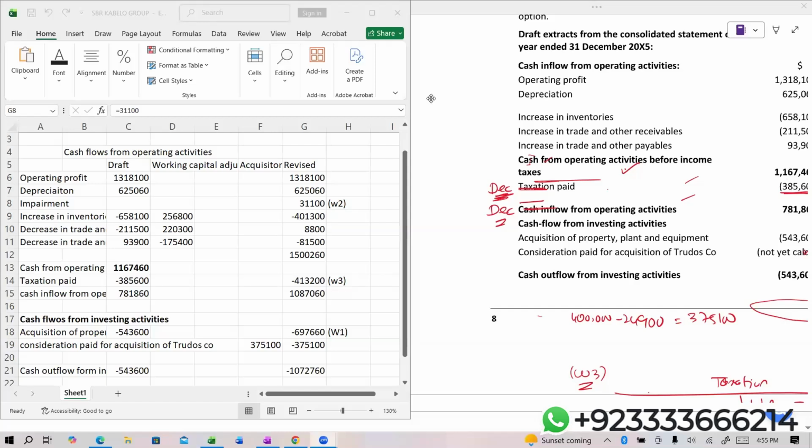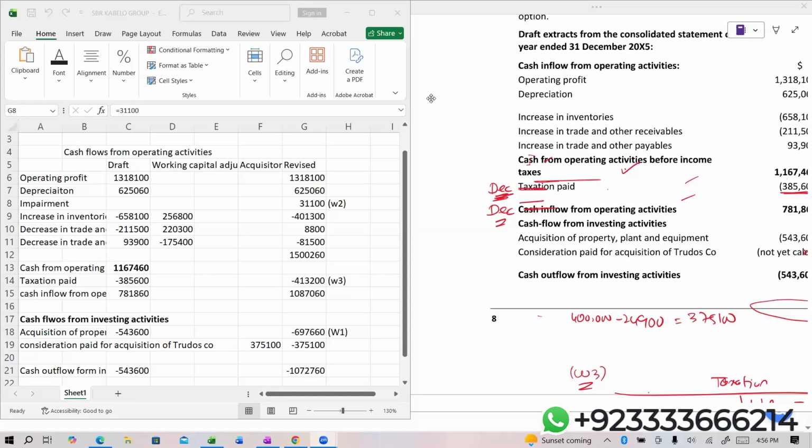After that, you have to explain to your examiner that the increase in inventories will reduce by 2,56,800 when we exclude the impact of acquisition of Traders. Receivables will reduce by 2,20,300 and payables will decrease by 1,75,400.